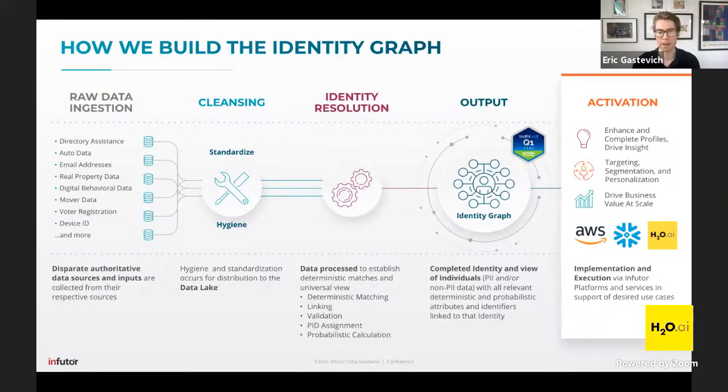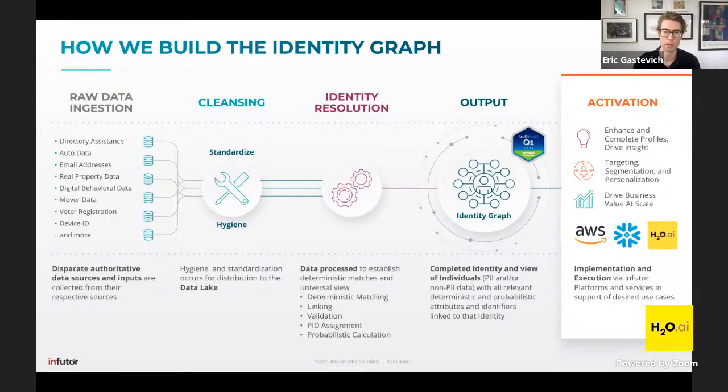But at the end of the day, we're just a simple, you might even argue, boring data company. And it's through partnerships with software partners like H2O, where you have cool and sexy software, that the value of this data is really unlocked.